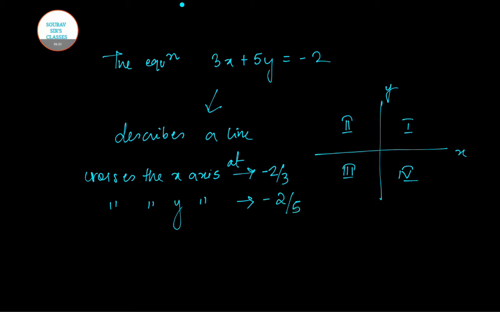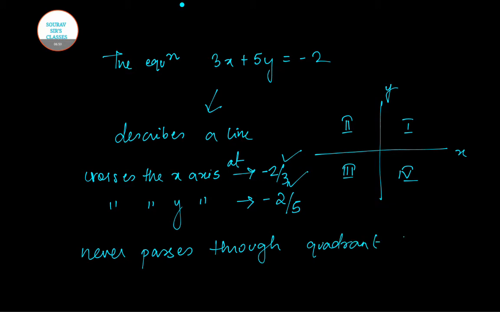and the same line crosses the y-axis at minus 2 by 5. What happens is that it never passes through the first quadrant, because both are negative values, and in the first quadrant we have positive values of x as well as y.